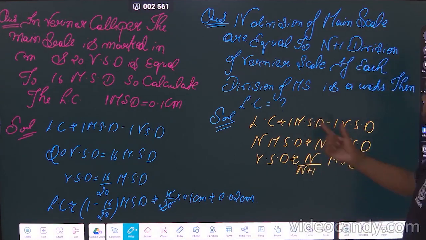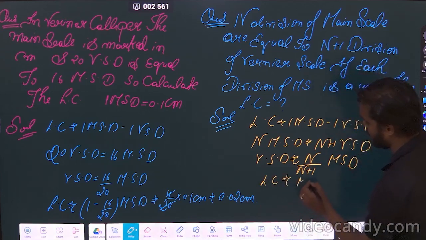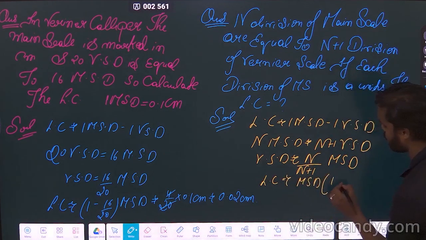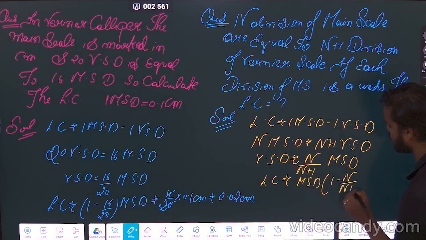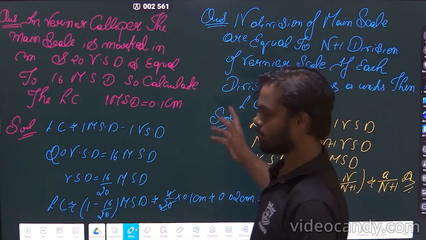Just put this value here, what you will get? My least count is equal to MSD into 1 minus n upon n plus 1. So from here, if you put this value, MSD is A upon n plus 1, that is my least count answer. Clear? So they both are the previous year questions.